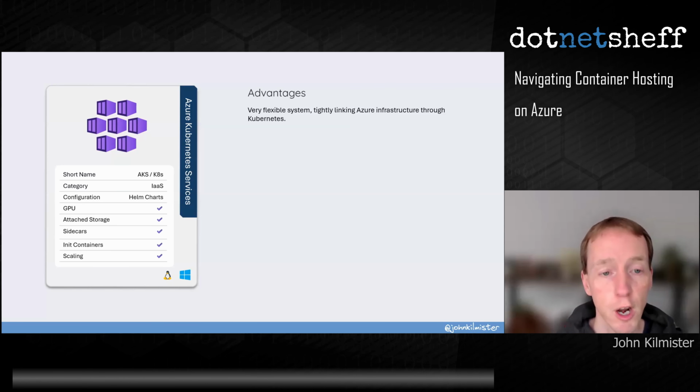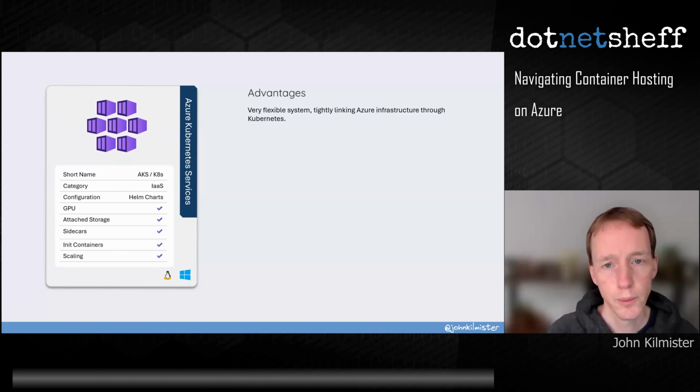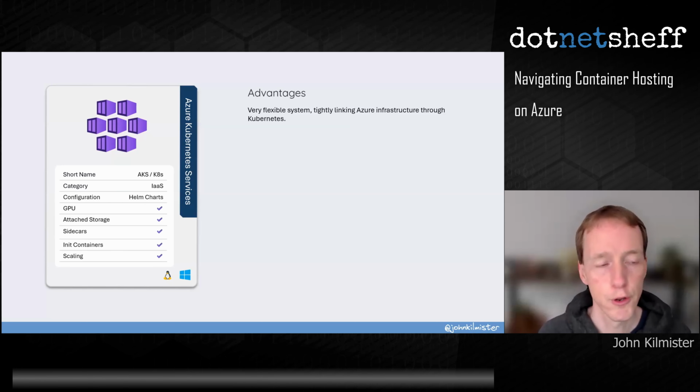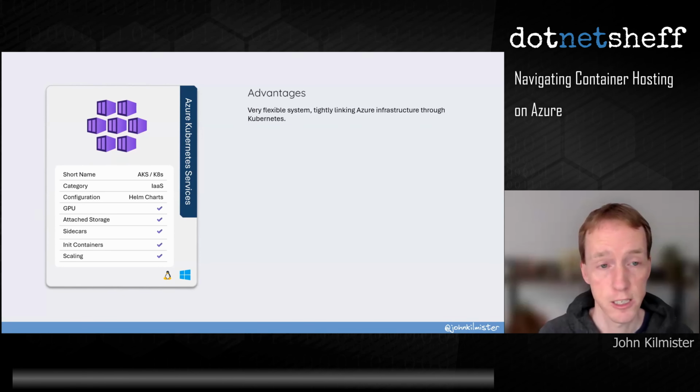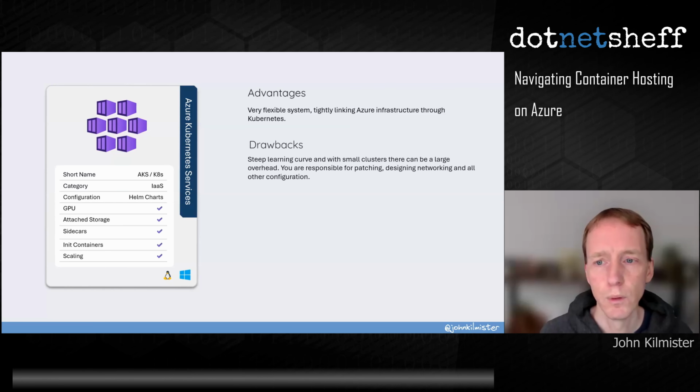When you configure a load balancer in your Helm chart, you are getting an Azure load balancer behind the scenes, but you're not interacting with that directly. You're managing it through the Kubernetes service as you would any other, as if the Kubernetes cluster was on any other service. So it's going to give you lots and lots of flexibility, but that comes at the cost.